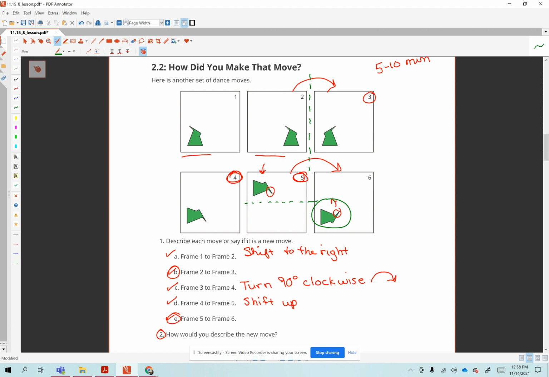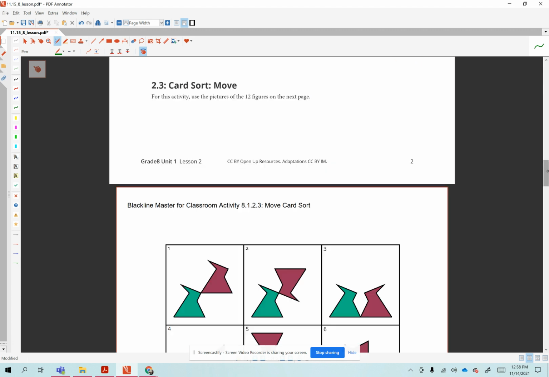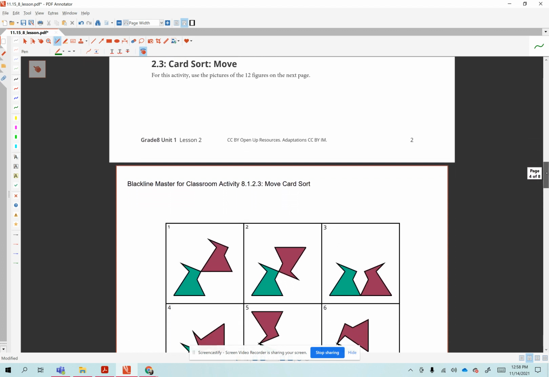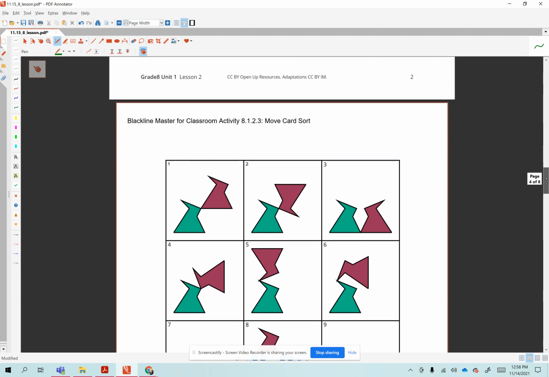We talked about how to identify, looking for a part of a feature in the figure that will help you locate the difference. So we're going to do a card sort activity, using the pictures on this next page.